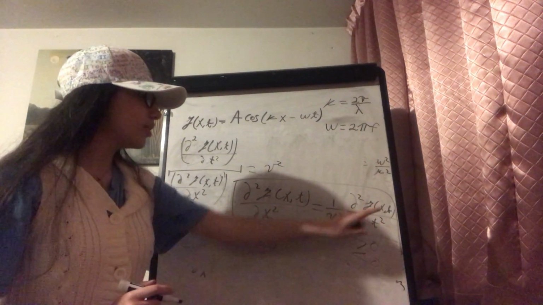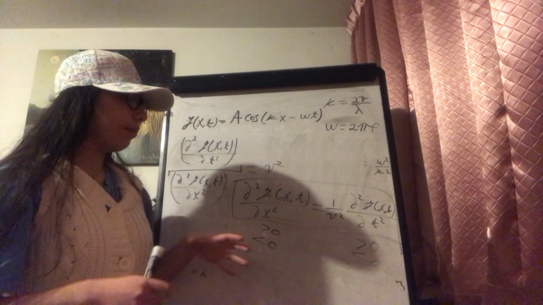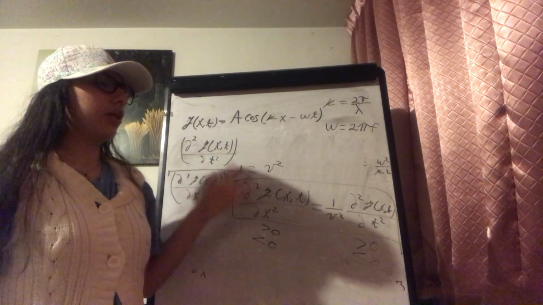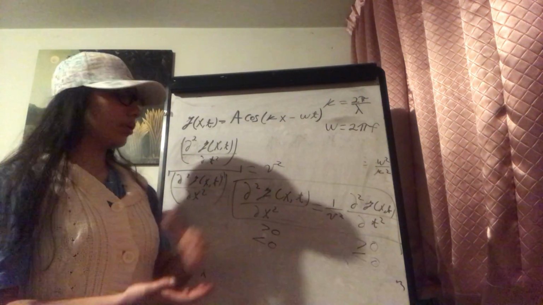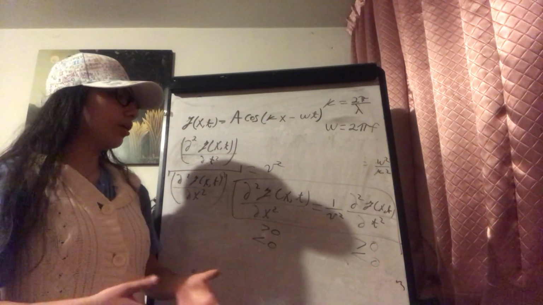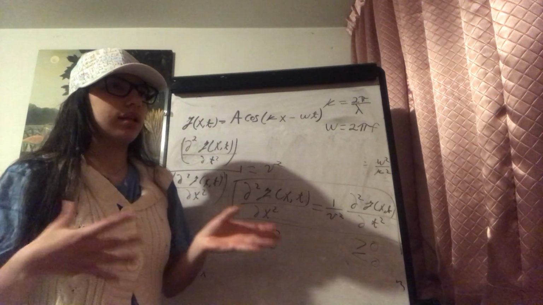So this is the wave equation. In future videos we will talk about the changes that we will see in a longitudinal and transverse wave, but this equation of the wave represents both types of wave, the longitudinal and the transverse.